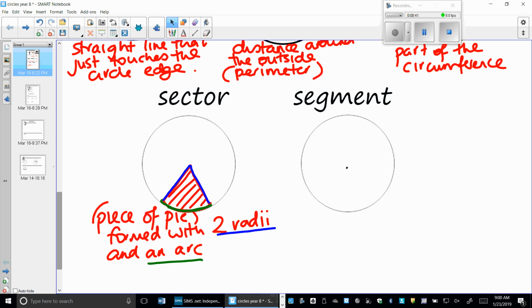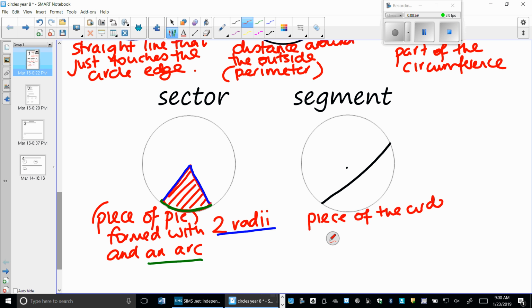A segment is also part of the shape, but what was this line called? Chord. Good. So this is a piece of the circle. Is it formed with a chord because it has an arc? It is formed with a chord and an arc.